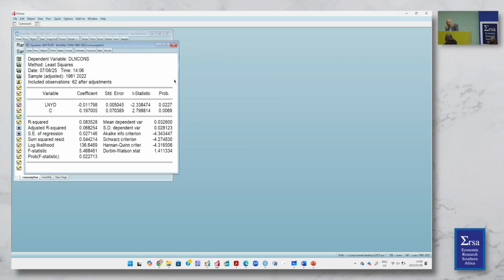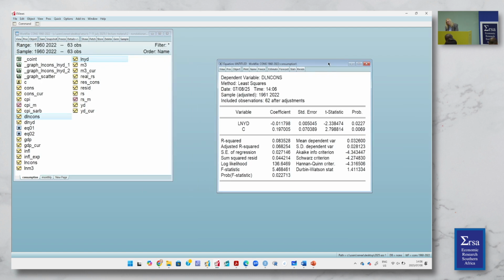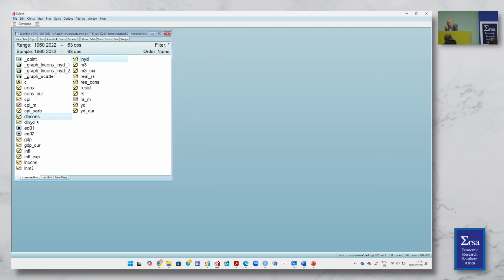If I regress that, these statistics are problematic. What is going on here? Oh, I grabbed the difference of the consumption.